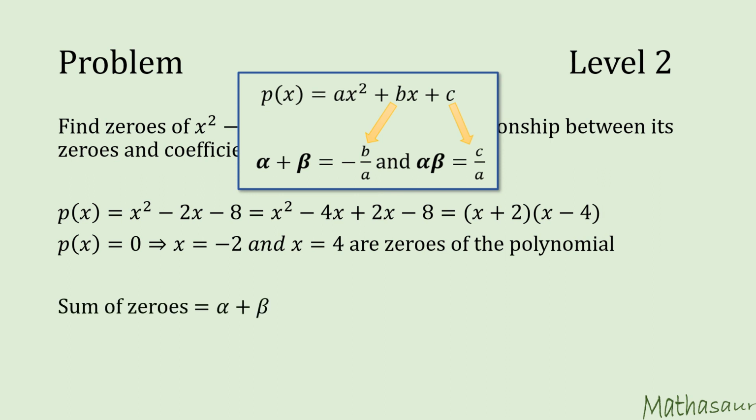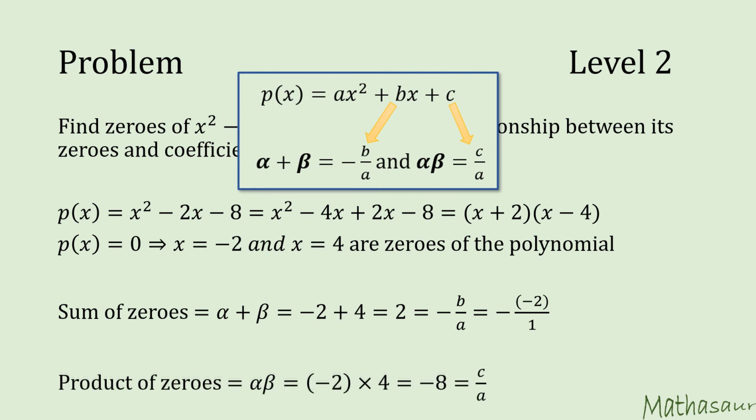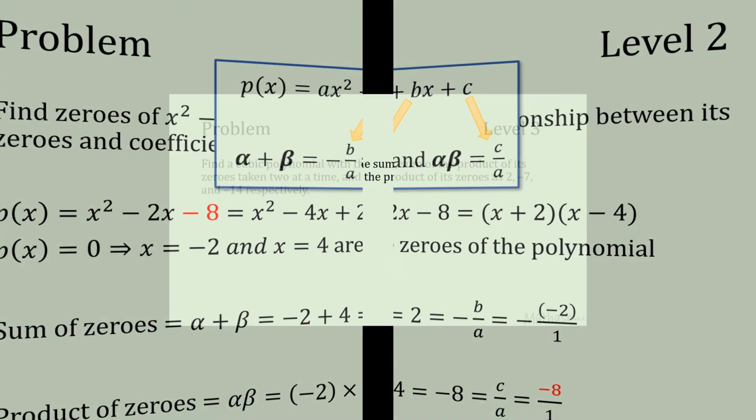Now sum of zeros should be equal to minus b by a. Yes, it is. Similarly, product of zeros ought to be equal to c by a. Yes, it is. And we have verified the relationship.